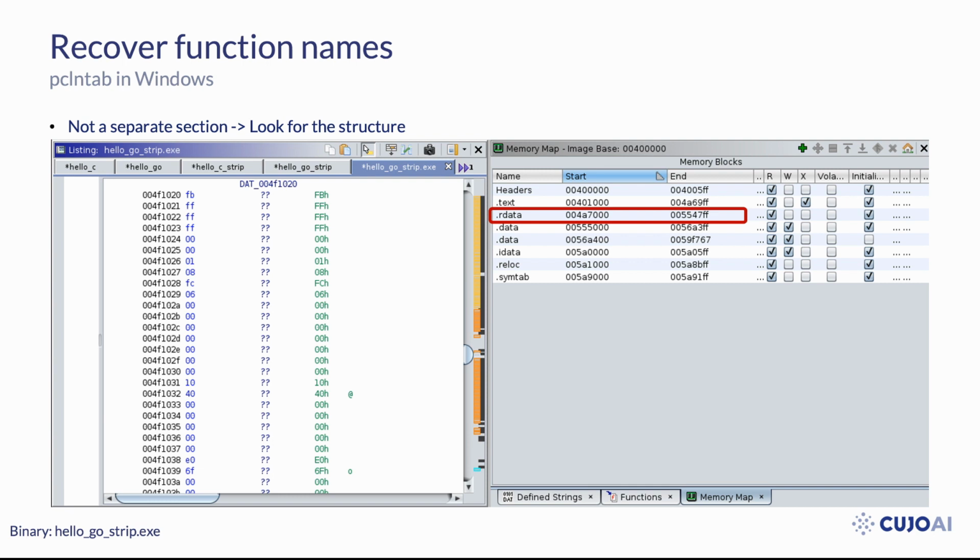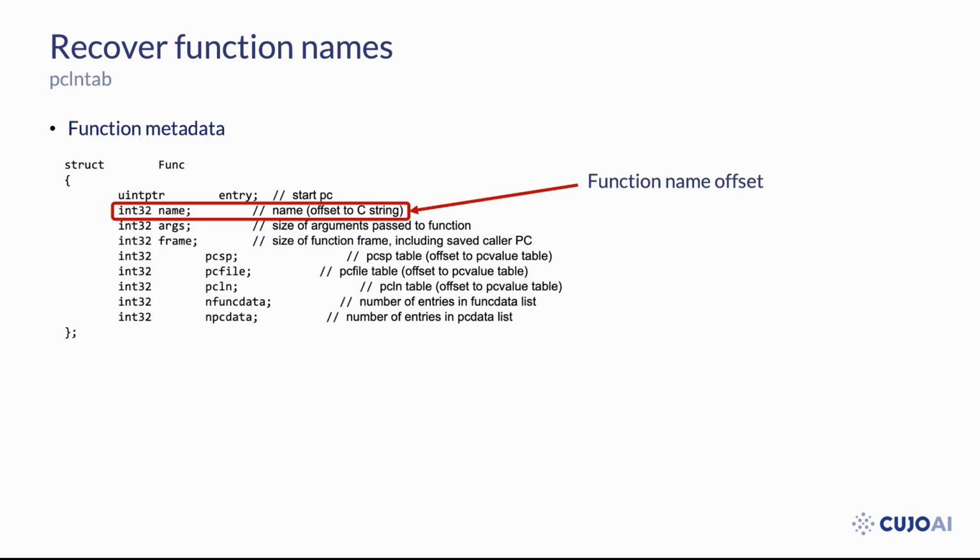Rather, we have to look for the PCLN tab structure, which is located here in the R data section. And luckily, this is not too difficult since we know how the structure is built up, we know how the header should look like, what the magic value is. So it just adds one extra step to our script. It's easier in Linux because we just need to look for the section name, but it's obviously not that difficult for Windows either.